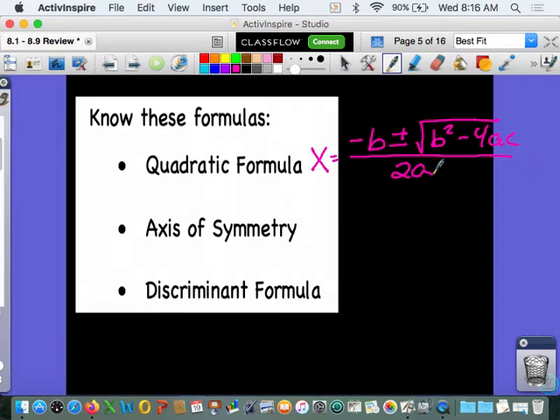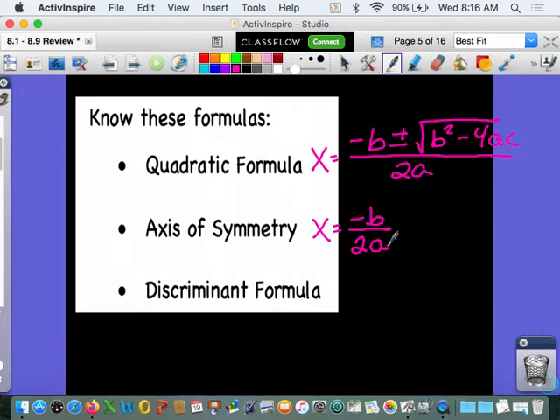Quadratic formula. Axis of symmetry formula. What's in front of it? x equals negative b over 2a. If you don't have the x equals, it is wrong. Remember, it is a line. You must have that x equals. Okay?